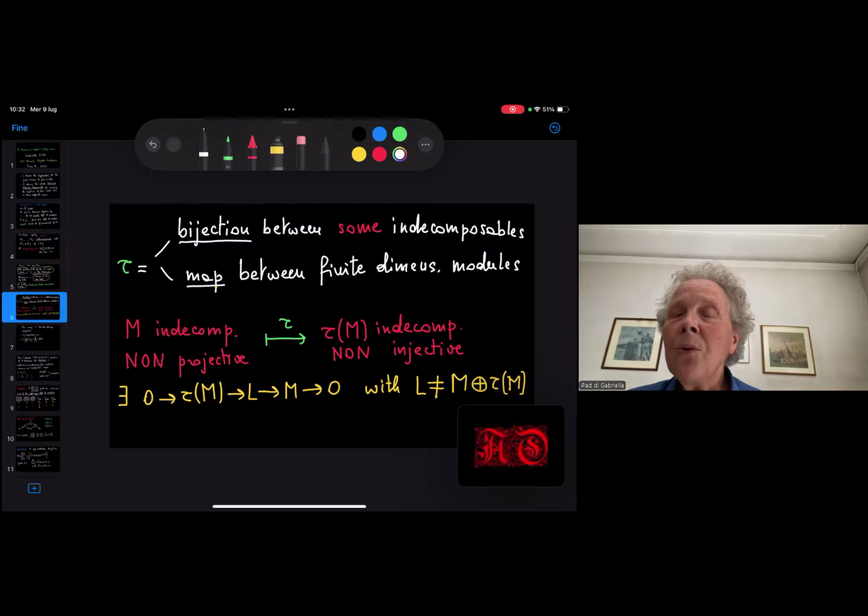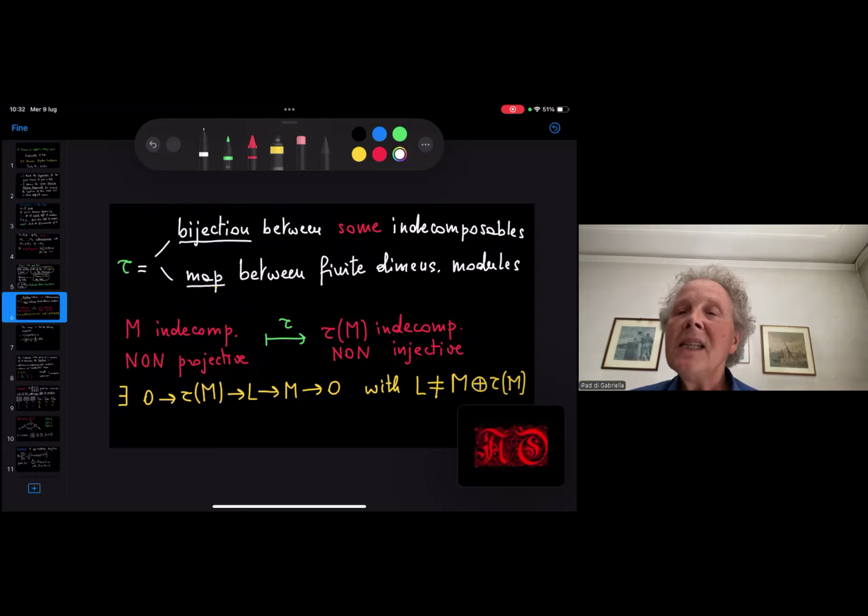First of all, tau will be a bijection between some indecomposable modules, but tau will also denote a map induced by this bijection between finite dimensional modules. The bijection tau has the following property.